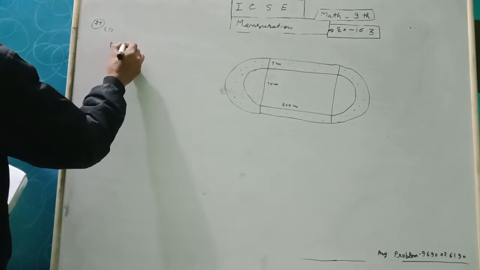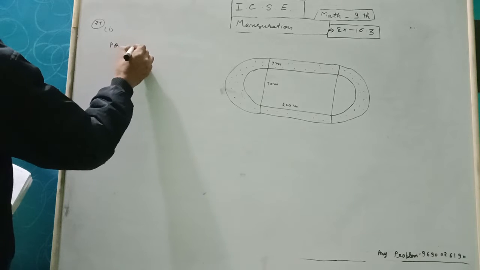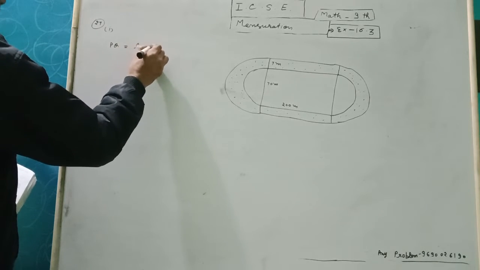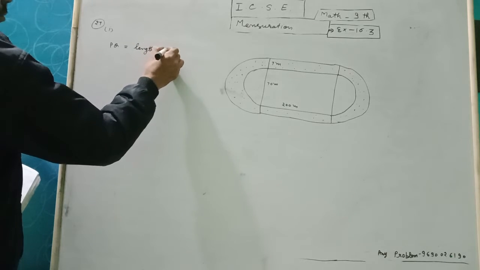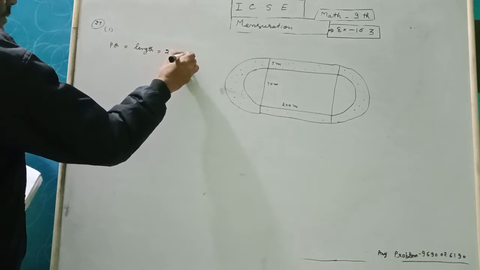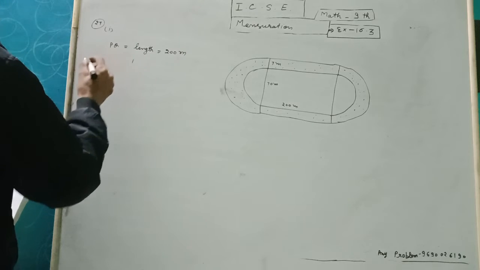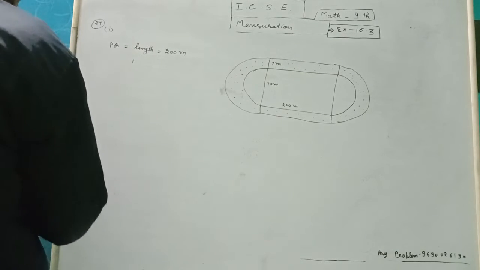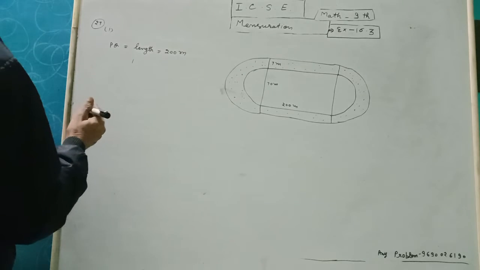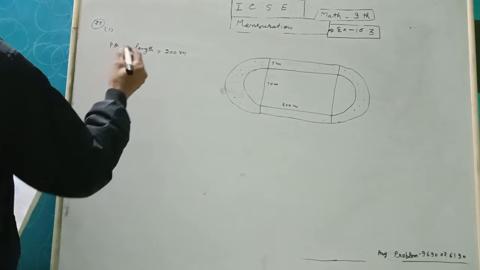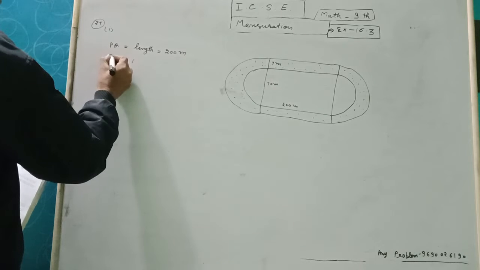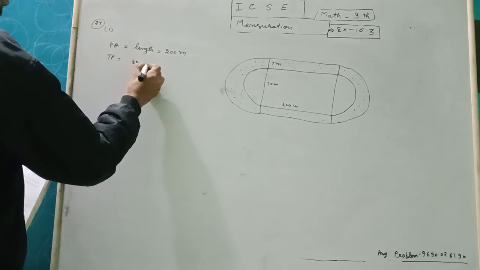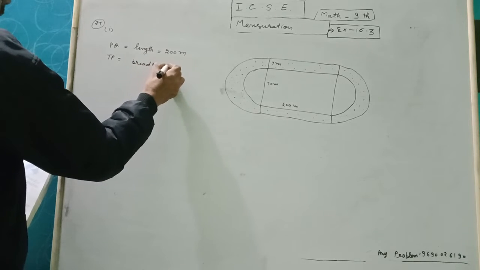PQ is equal to the length of the rectangular shape, 200 meter, and TP is equal to the breadth, 70 meter.